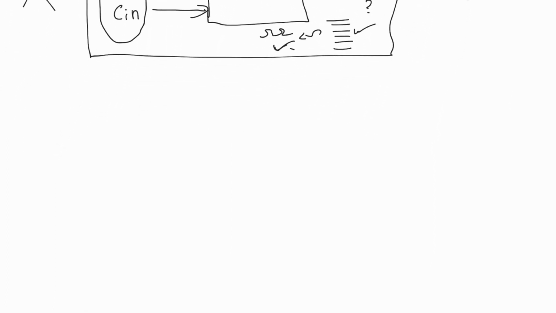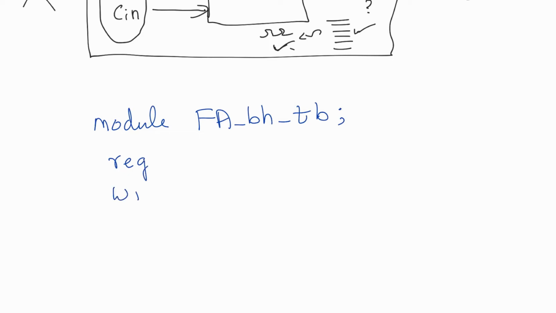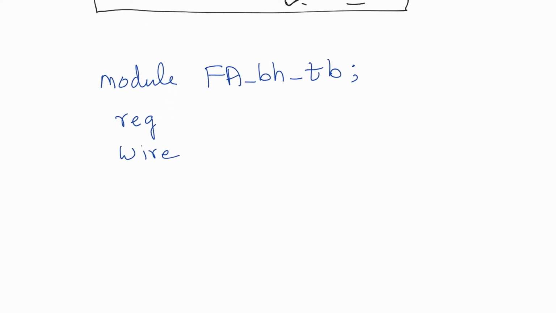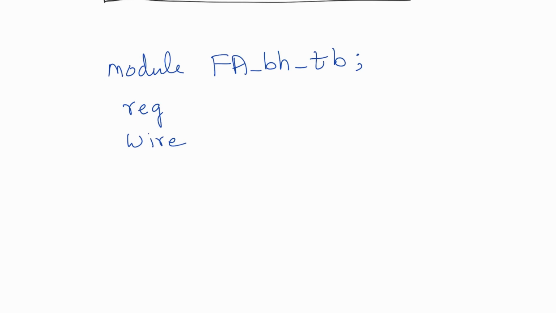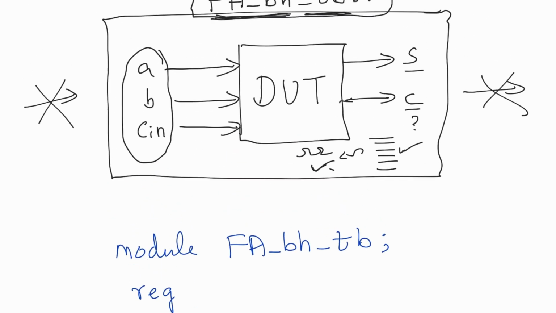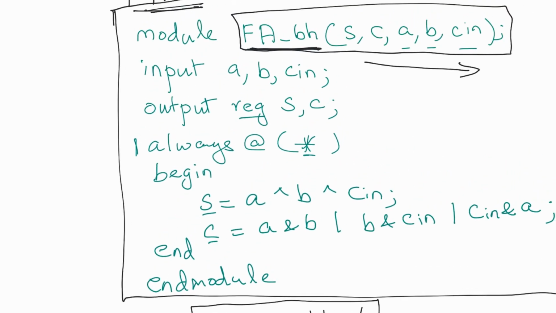Okay, so let's write. Module fa underscore bh underscore tb semicolon, no inputs, no outputs. We need some reg and wire, so we'll do that as we need them. Now let's instantiate our full adder behavioral block into our test bench.